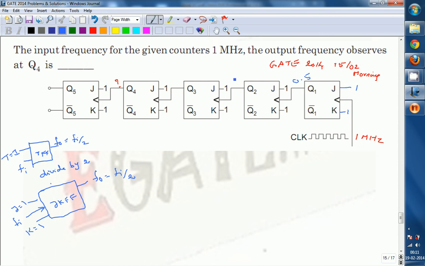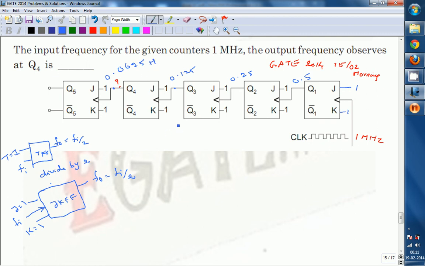The next output frequency is 0.25 MHz, and here you are going to get 0.125 MHz. 1 MHz divided gives 0.5 MHz, 0.5 MHz gives 0.25, then 0.125, and the frequency at this point is nothing but 0.0625 MHz.